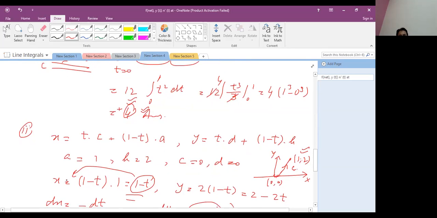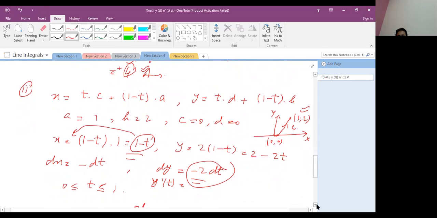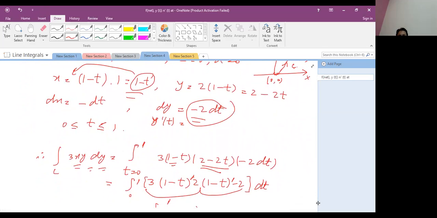When we put these in the given formula, we find x is equal to 1 minus t and y is equal to 2 minus 2t. When we find the derivative with respect to t, dx is minus dt and dy is minus 2 times dt. The limit of t is 0 to 1.